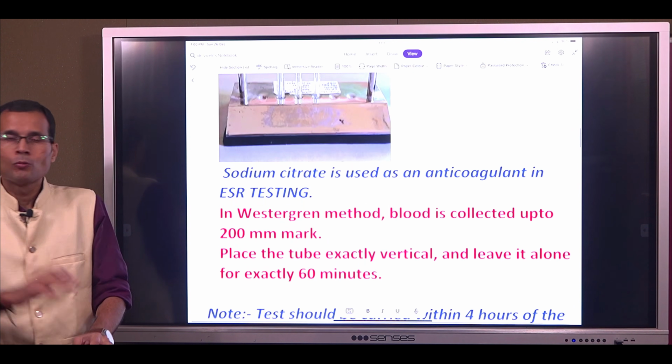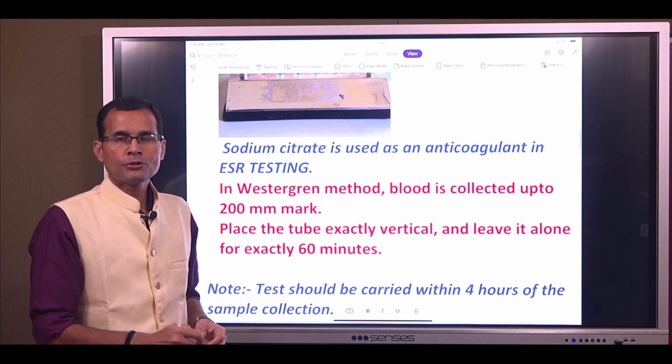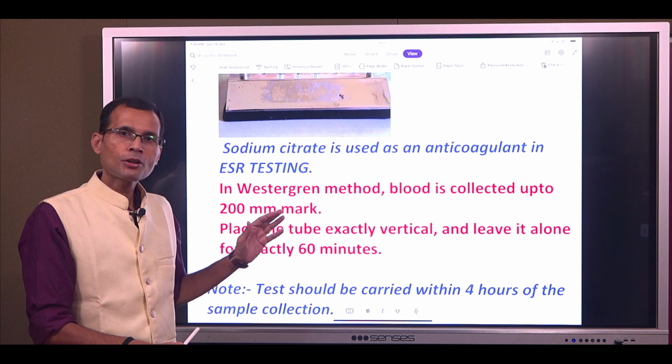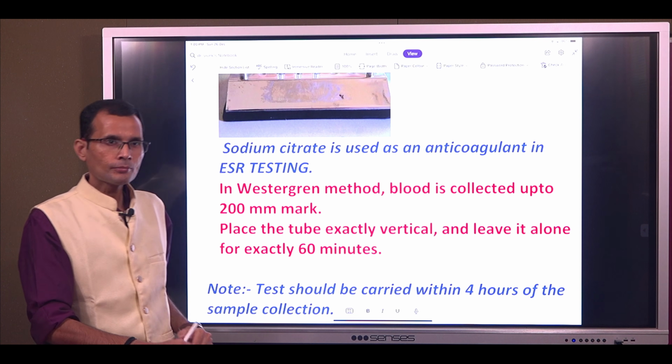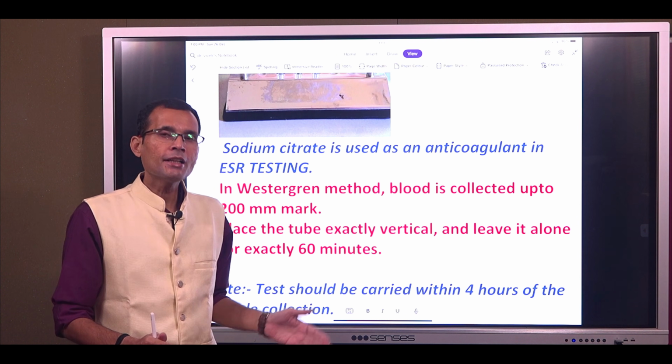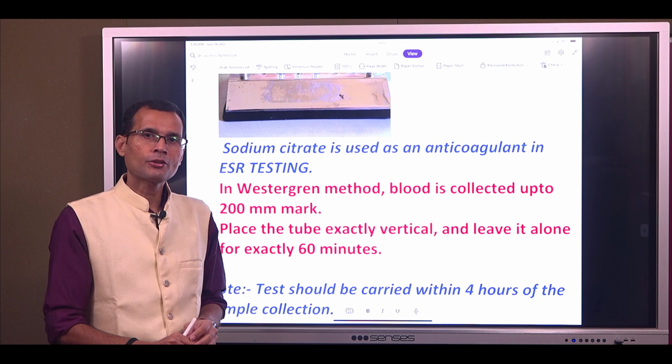Right. What is the anticoagulant used? Well, sodium citrate is the anticoagulant used for ESR measurement. Sometimes EDTA is used as an anticoagulant.